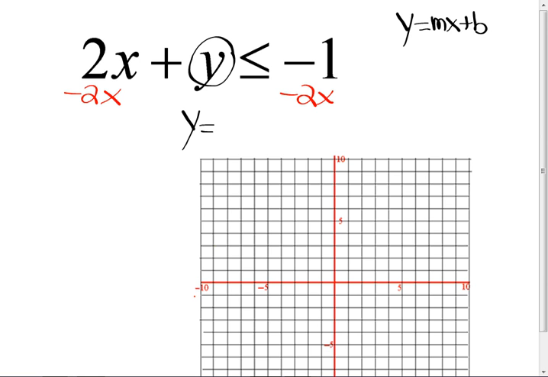I don't care. -2x minus 1. Ray, where do you begin? -1. What's the slope, Allison? It's the number in front of x. -2.